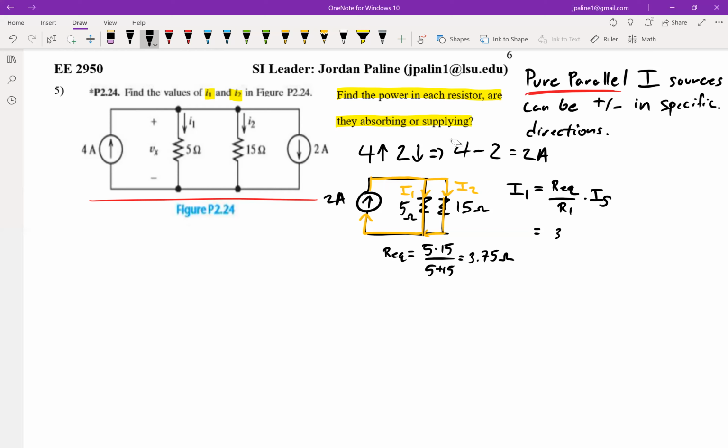So 3.75 ohms divided by resistor 1, which was 5 ohms, times 2 amps. So therefore I1 is going to be equal to 1.5 amps.